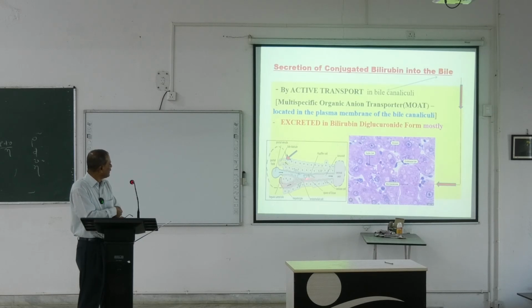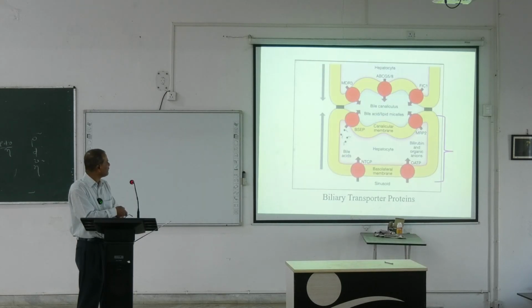You see here, again I am showing it to you here. This cytosol, it is taken up. This is the biliary canaliculi surface. So, through active transport, this is excreted into the biliary canaliculi. Now, look down here.